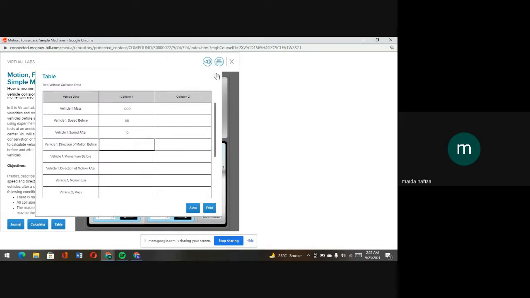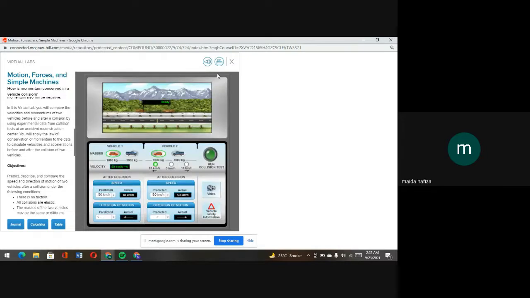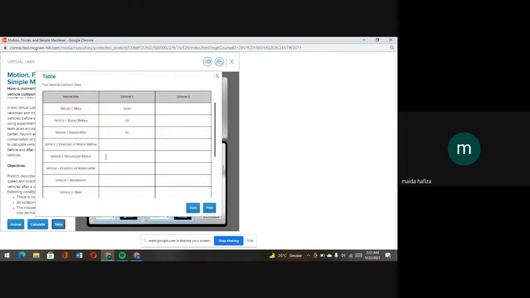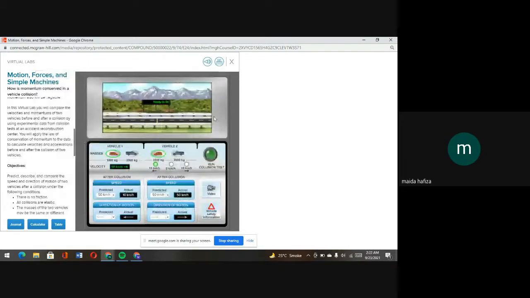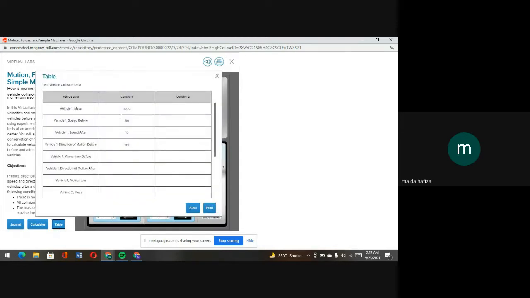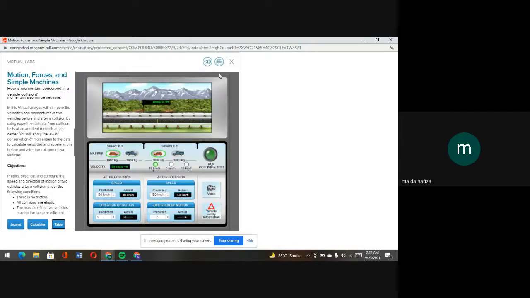Direction of motion, I predicted that it is to the left side. Momentum, you have to find it by mass into speed, that is 1,000 into 10, that is 10,000 momentum.